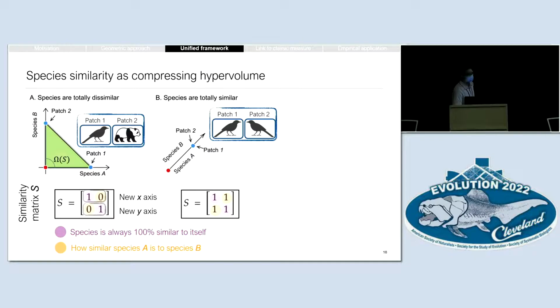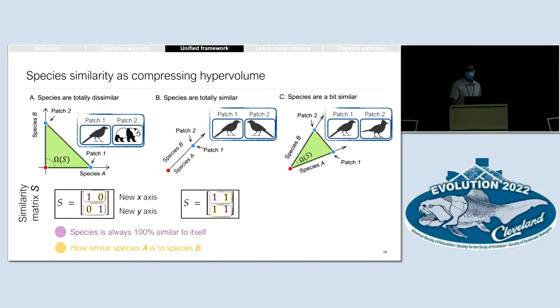Now the off-diagonal is no longer 0, it's 1. So if we consider these 2 row vectors as the new x and y axes, they would be identical. In other words, we are compressing these 2 axes into identical points. Therefore, the 2 points here become the same point, and we have 0 hypervolume in this case.